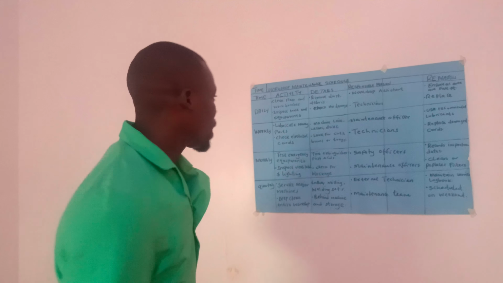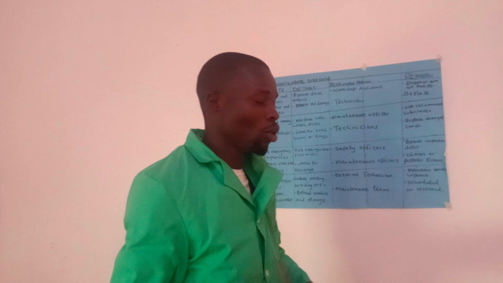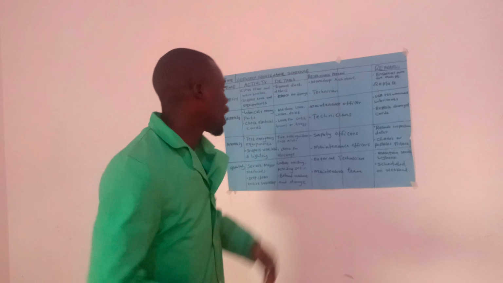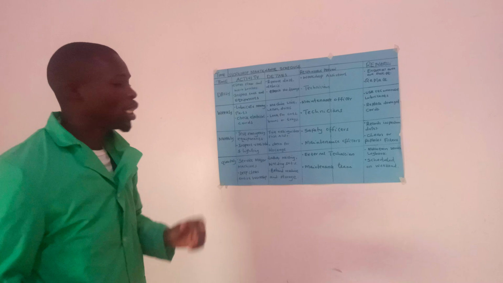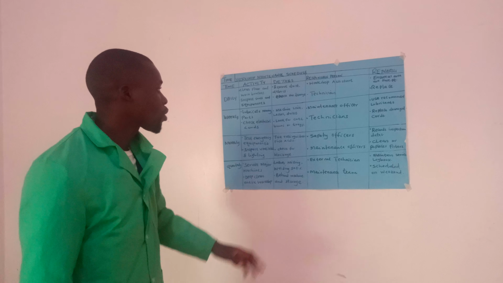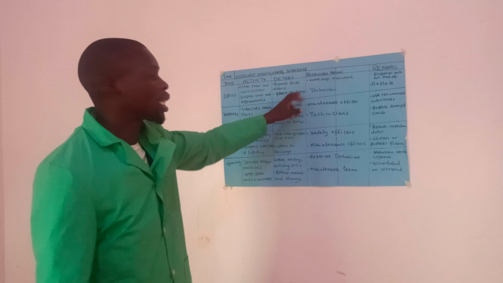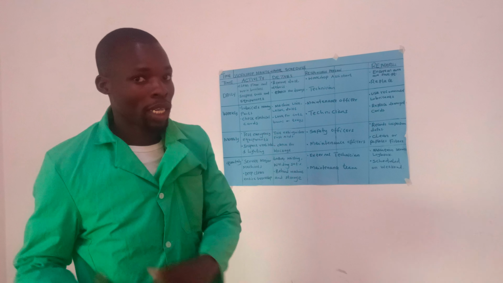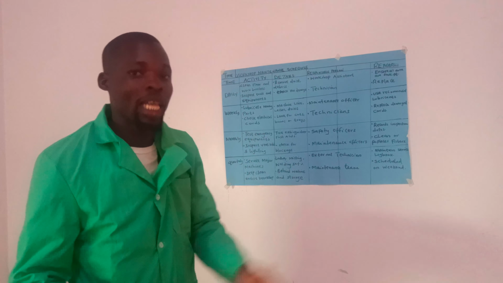You have to inspect the tools and equipment to check that they are in good working condition. And how will you carry out this task? It will be by removing dust, then checking for damaged portions and ensuring that they work efficiently. If not working, then you have to do something in order to recover from the damage.